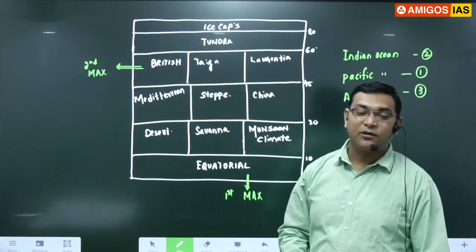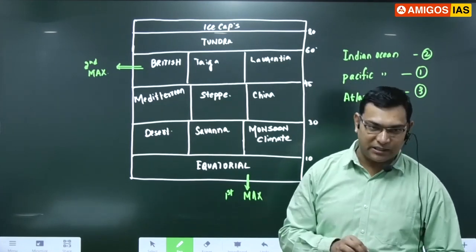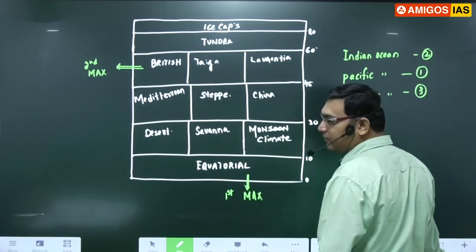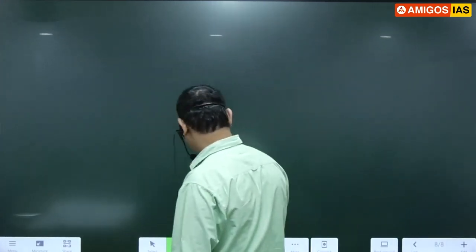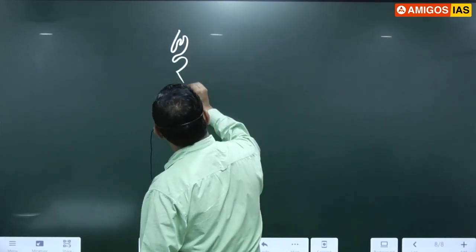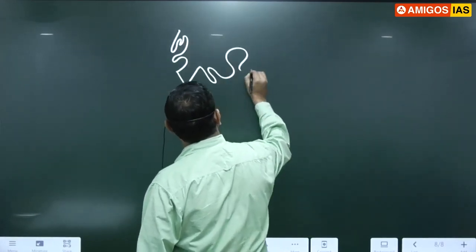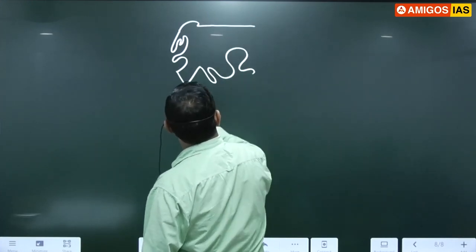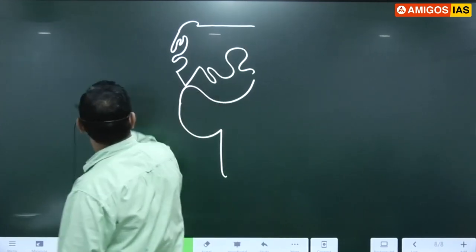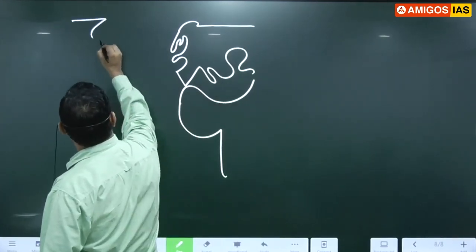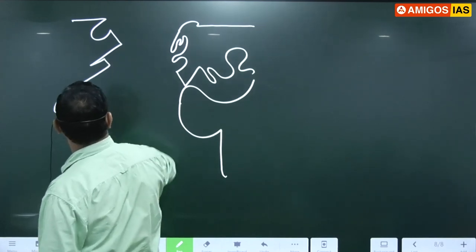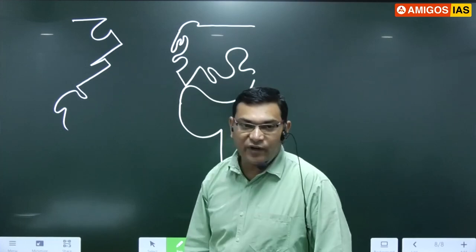Yes or no? Right? Now can I say that near the British type of climate, that is this region, I will change. Okay? Now look at this. Now where do you find more salinity?